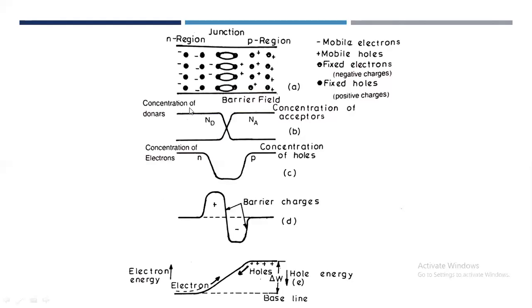The concentration of donors in the N region is very high, and toward the junction it decreases. On the right-hand side, the P region, the concentration of acceptors is very high, and at the junction it decreases, and on the other side it nullifies.